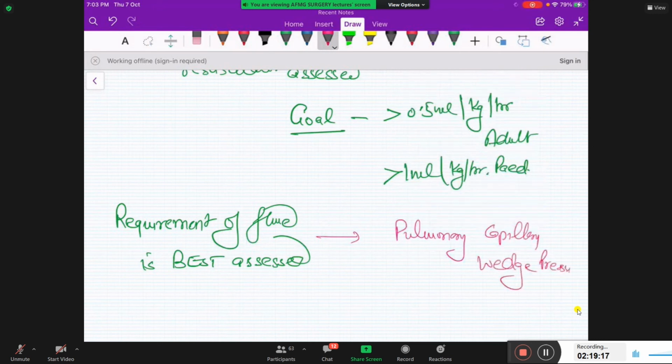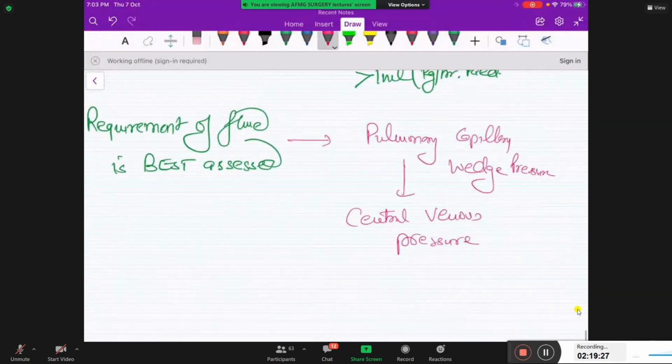If not in your choice, then it is central venous pressure.